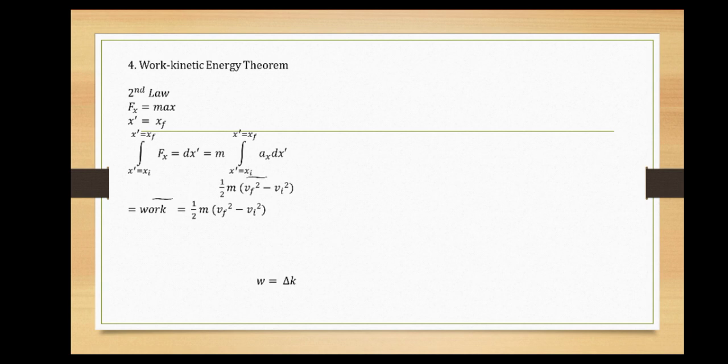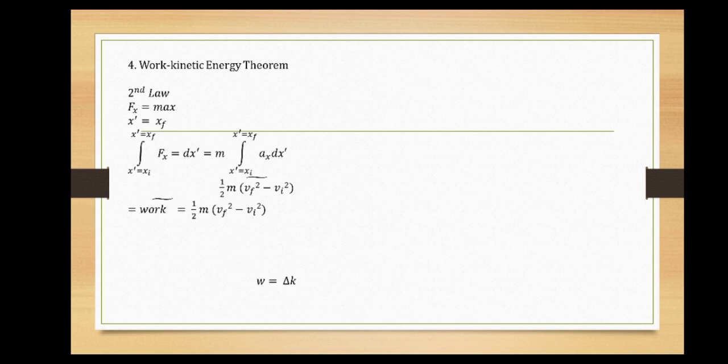4. Work-kinetic energy theorem. Let's derive the work-energy principle. We use Newton's second law, but not with time, rather with space. So F is equal to m a, taking the x component. Now we're going to integrate this, so Fx dx prime goes from xi to xf.